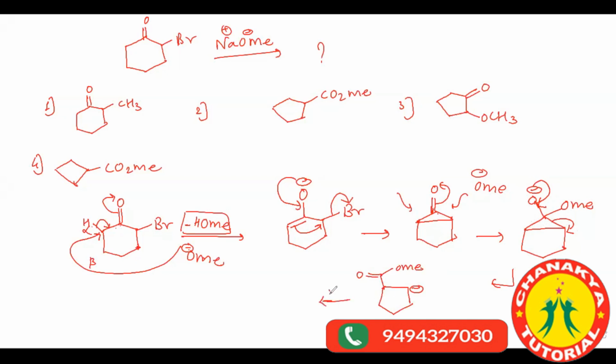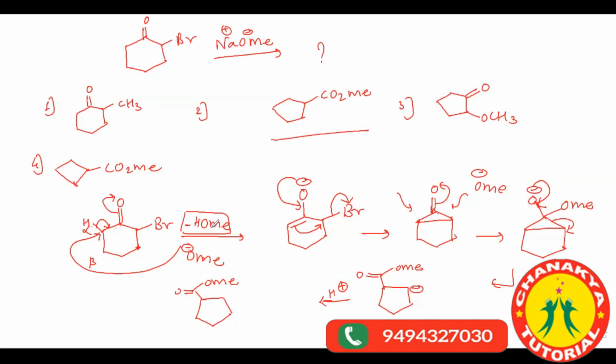And if you add an H plus over here, you will get what? Five-membered ring. Okay, this H plus would become attached to that negative charge, and you will get here double bond O, OMe. If you see your products in that, it matches with this C double bond O, OMe, correct?